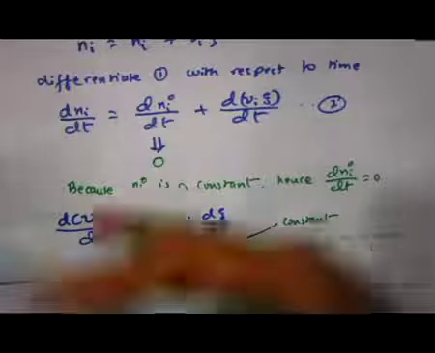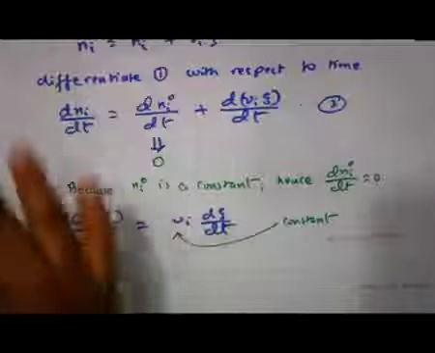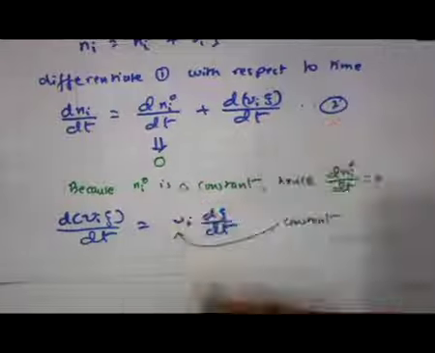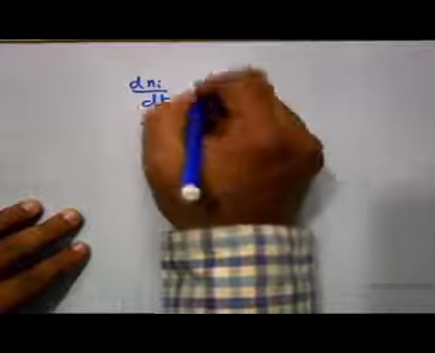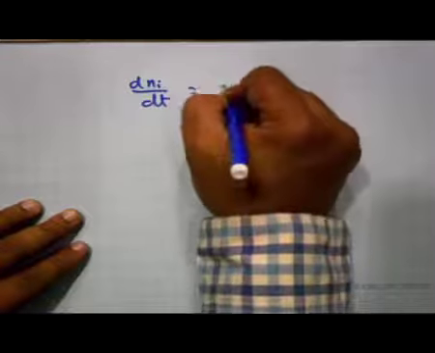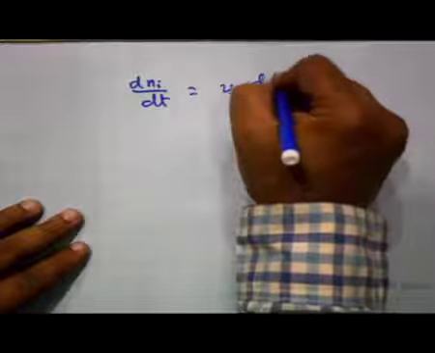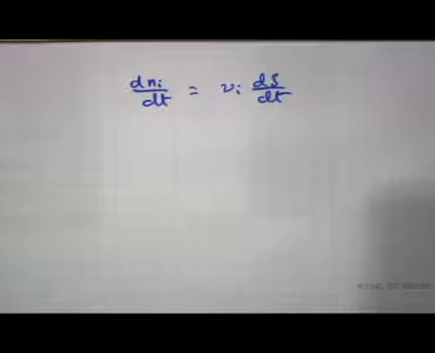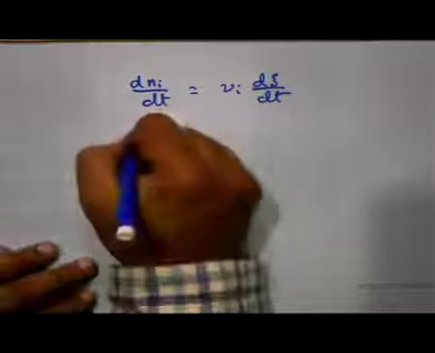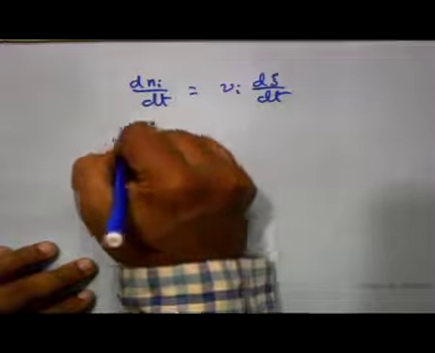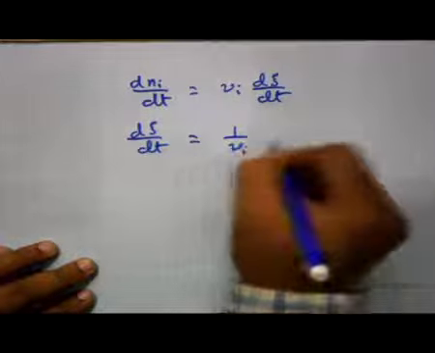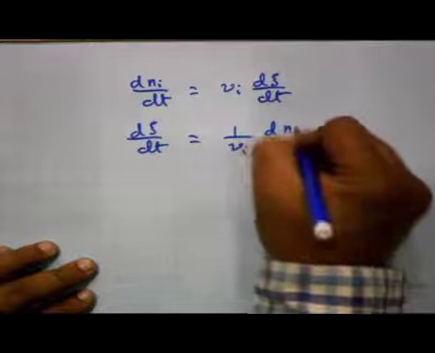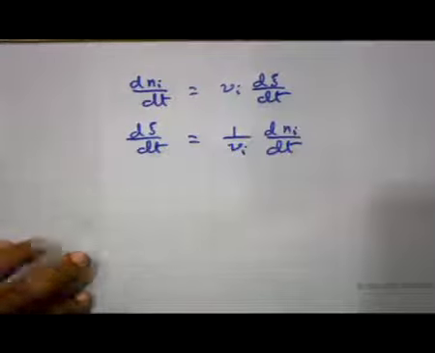So, then simplifying this, whatever we have done, we put this back in equation 2 and see what we get. So, then I have dNi over dt is equal to nu i d xi over dt, or I can write it like this, d xi over dt is equal to 1 by nu i dNi over dt.